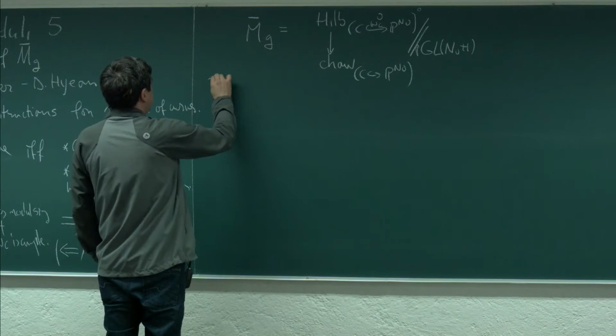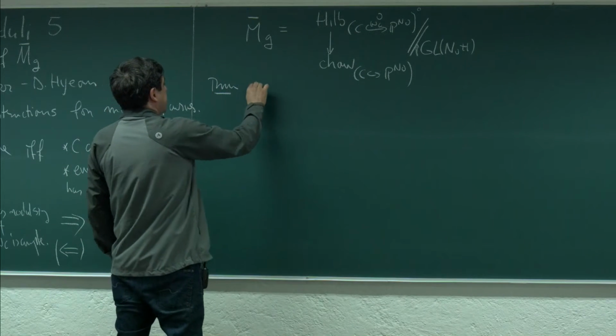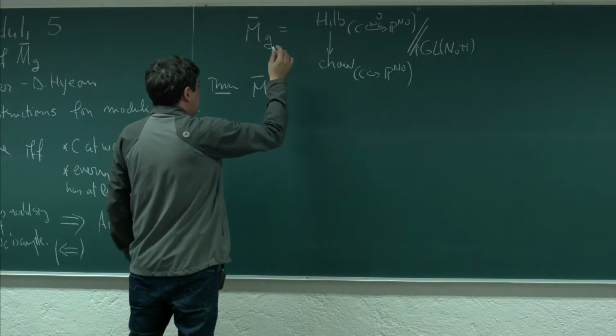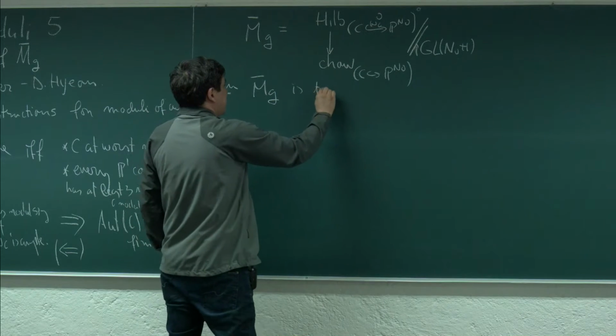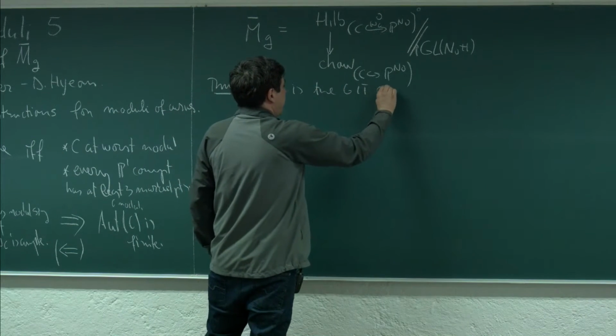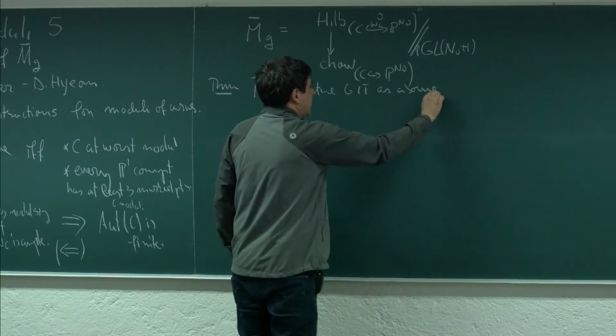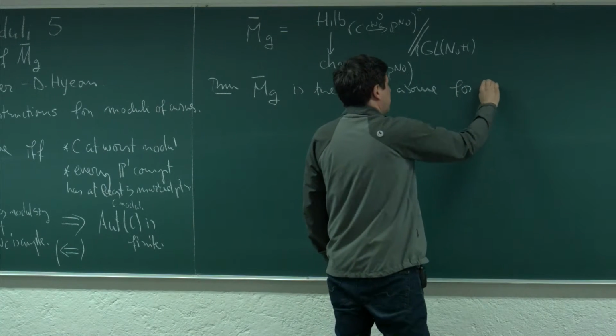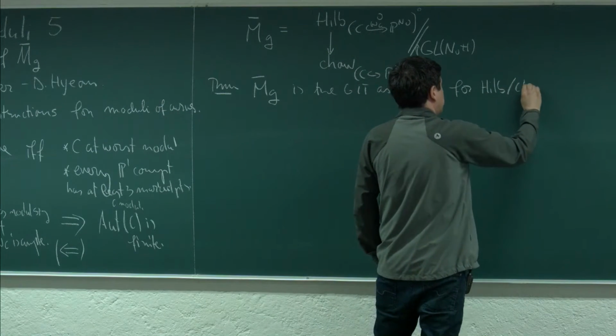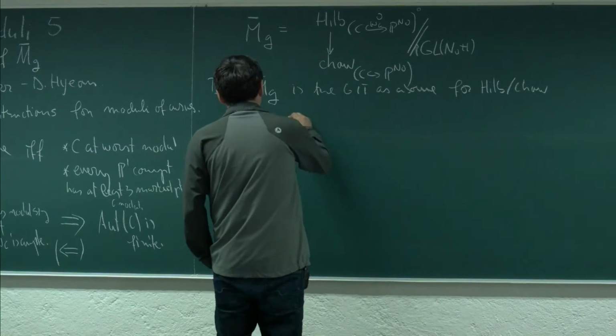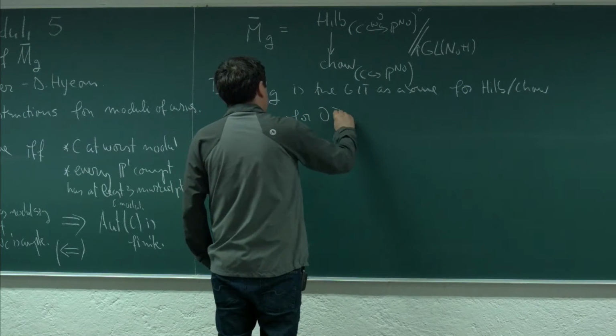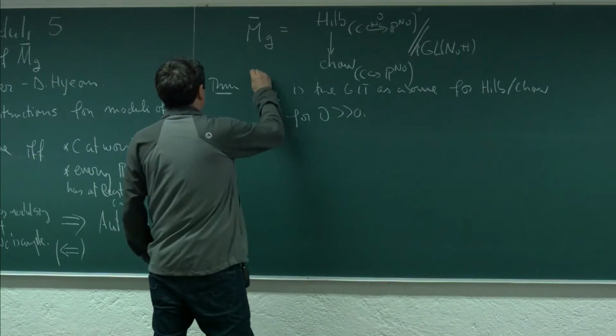But anyway, the main theorem here is that M_g is the GIT quotient as above, for Hilb or Chow, for mu much larger than 0.